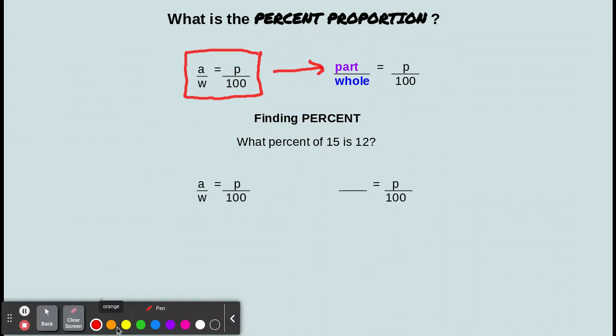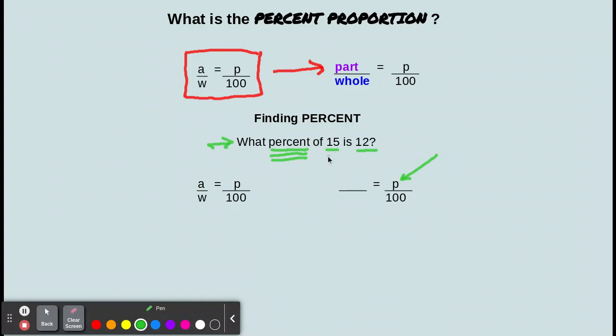And we can use this to find any piece of this proportion given that we're told what the other two pieces are. So, for instance, if we're given this question here, what percent of 15 is 12? So we're trying to find percent. So we set it up like this. That's what we're trying to find.